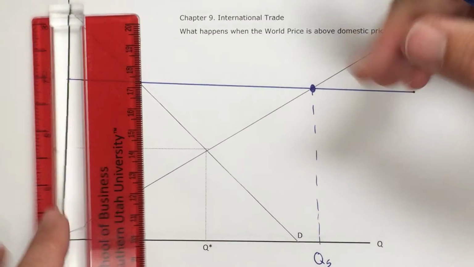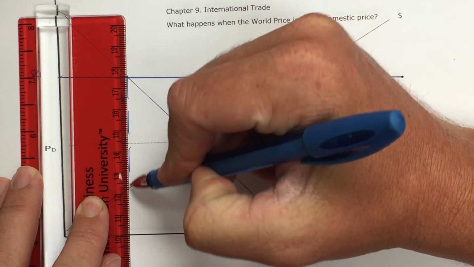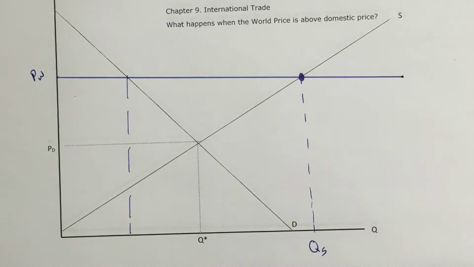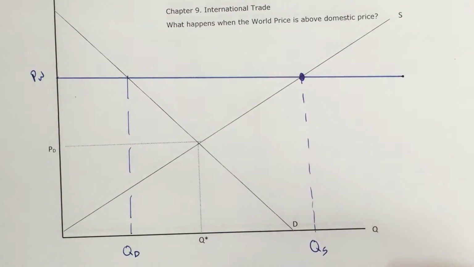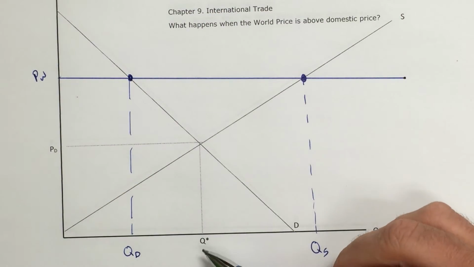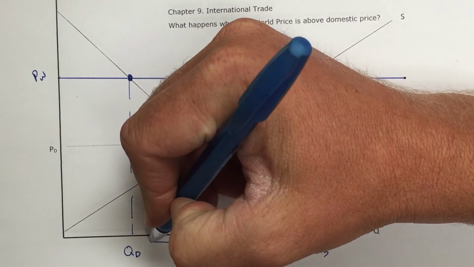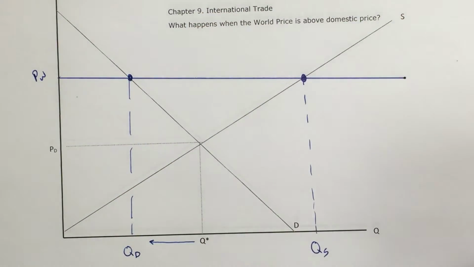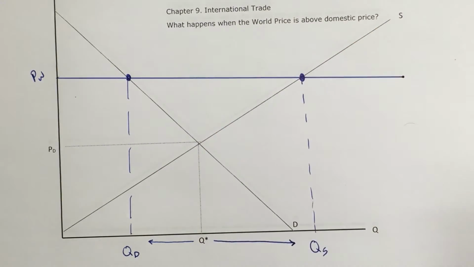So as a result, consumers are not going to be able to buy it for the domestic price, and they're only going to be able to buy it at the world price. And so the quantity demanded is going to be at this point here. We're going to see the quantity consumed domestically go from Q star and drop to QD. The amount being produced goes from Q star and increases to QS.